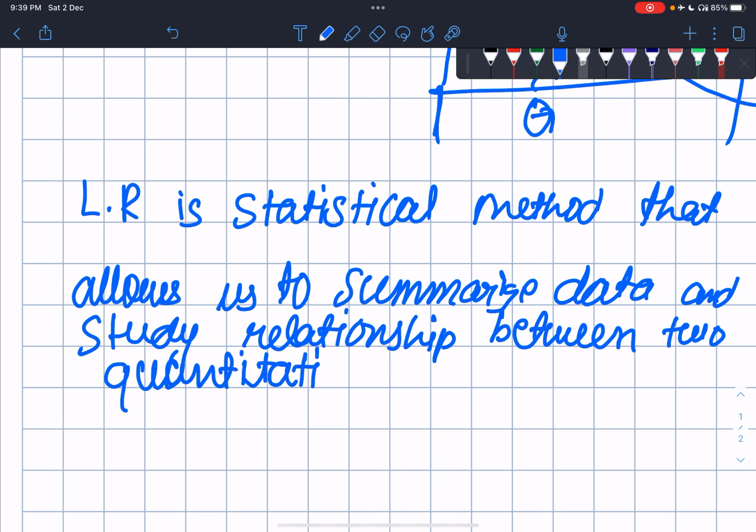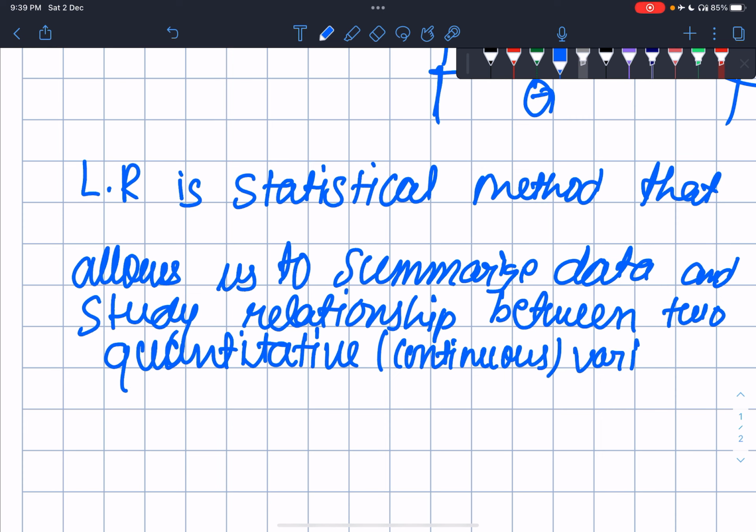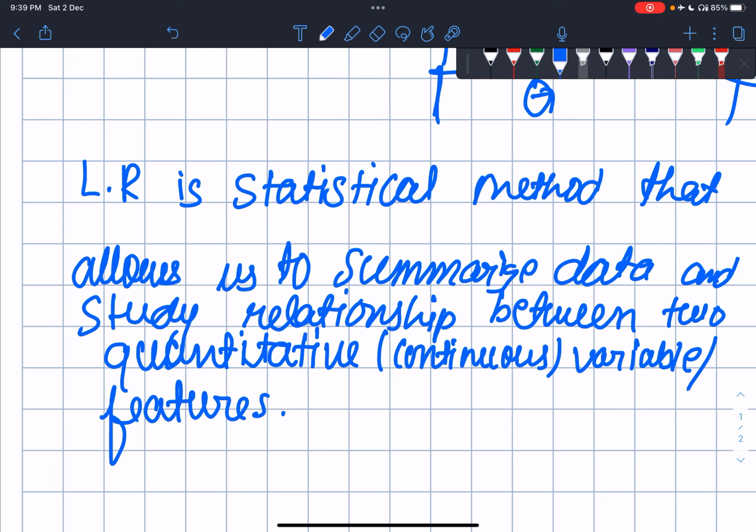I have notes in which the definition has been written, so I'm writing from that, and this is from Anton. The feature is nothing but the input we have given to the model. Okay.